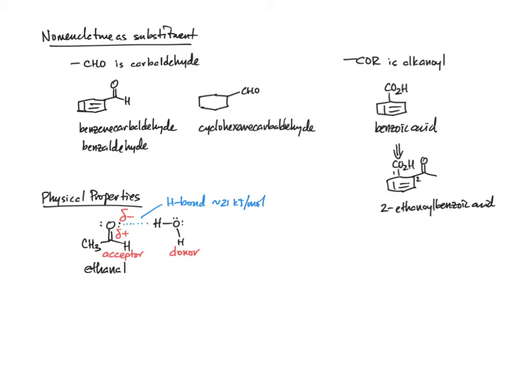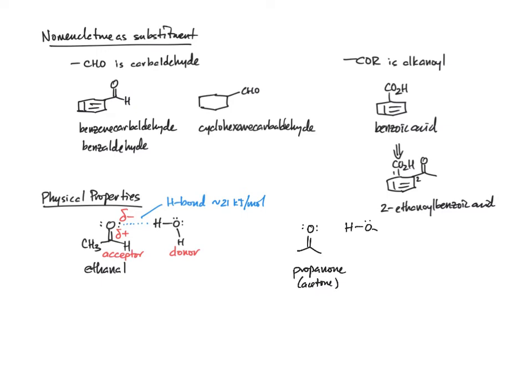We can do the same thing if we take the simplest ketone, propanone. This is also called acetone. It's a common solvent. You can use it to really strip paint off things. It's a good solvent for that. We use it to clean glassware in the lab.